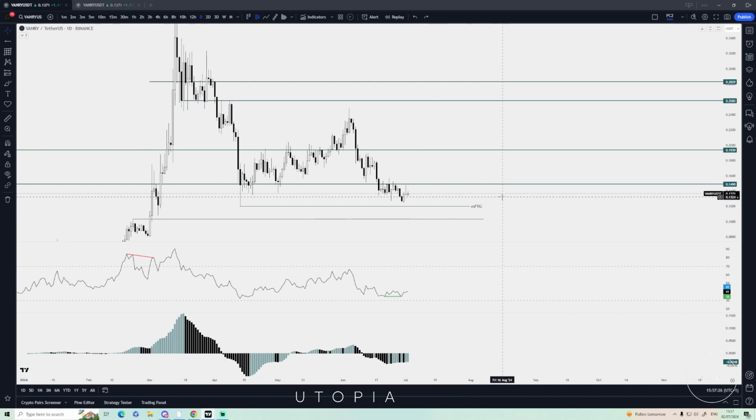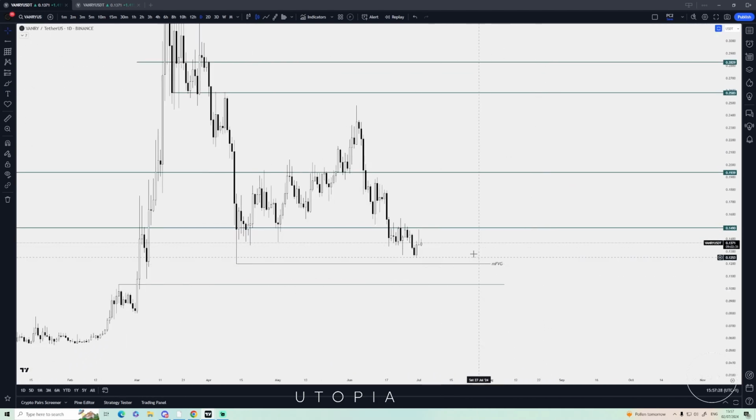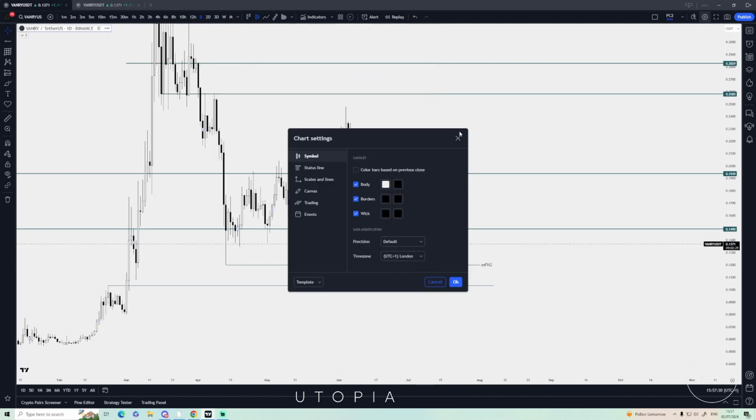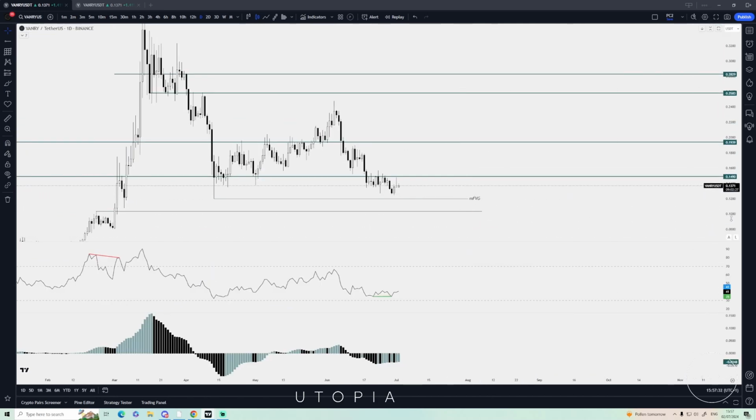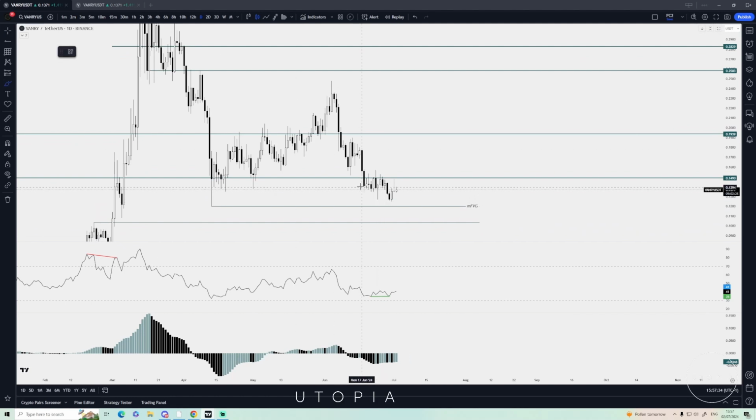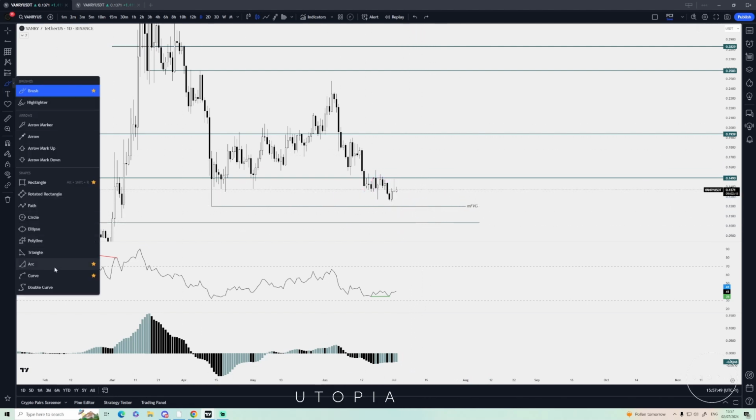So for that reason, with the momentum divergence and the potential 3 drive into this area, with this 1, 2, 3, maybe we look for the third drive into this monthly fair value gap on VANRY for an entry. That would be option 1.